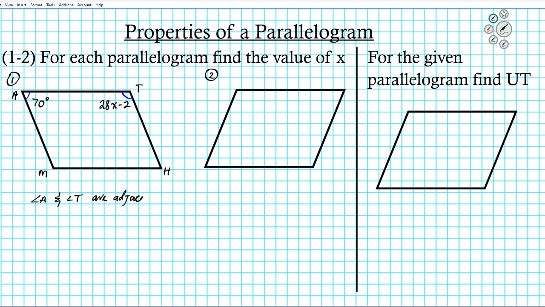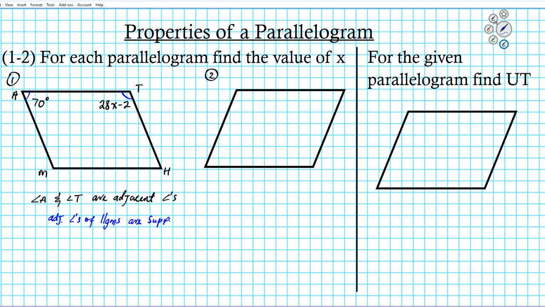Another word for adjacent is next to. What property can we use here? We know that for all parallelograms, adjacent angles are supplementary. Basically, they add up to 180.